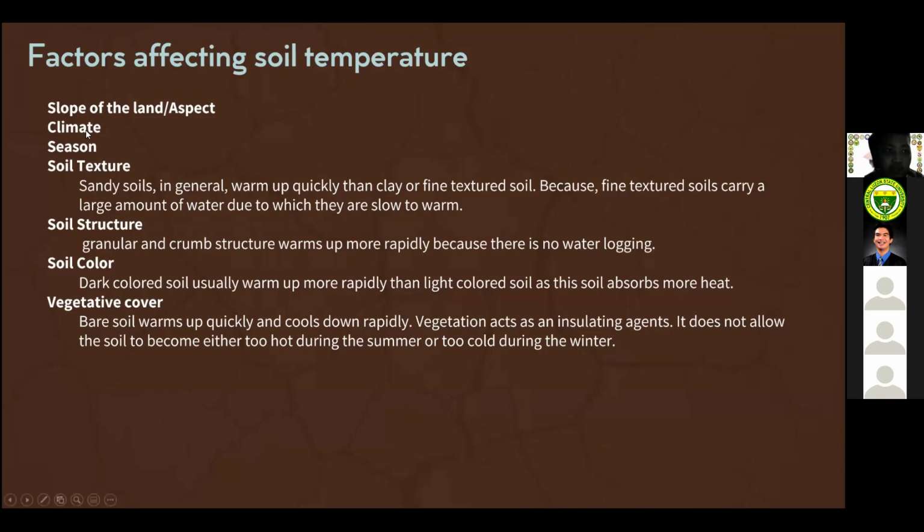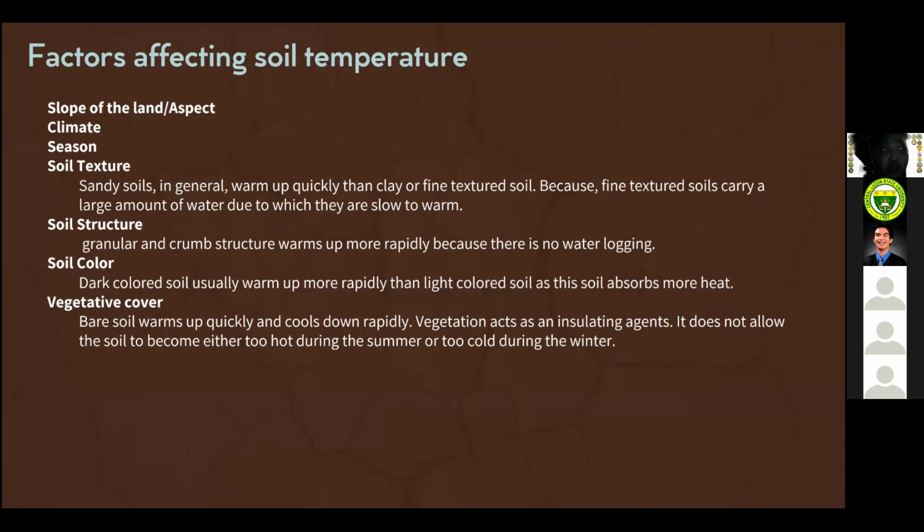Then the climate. So of course the rainfall. So pagka umuulan, it can cool down the soil, because we all know that water has a good specific heat.